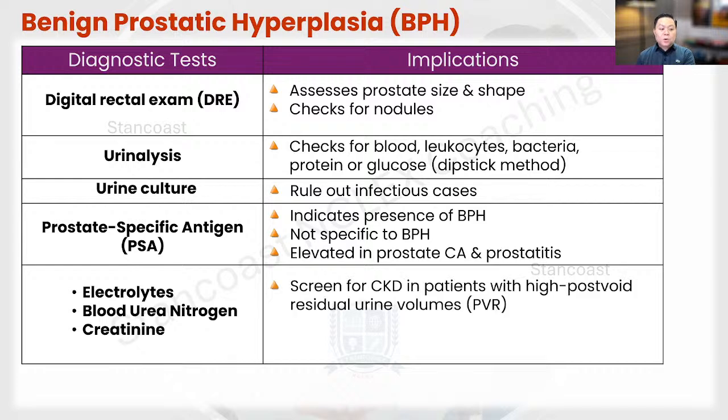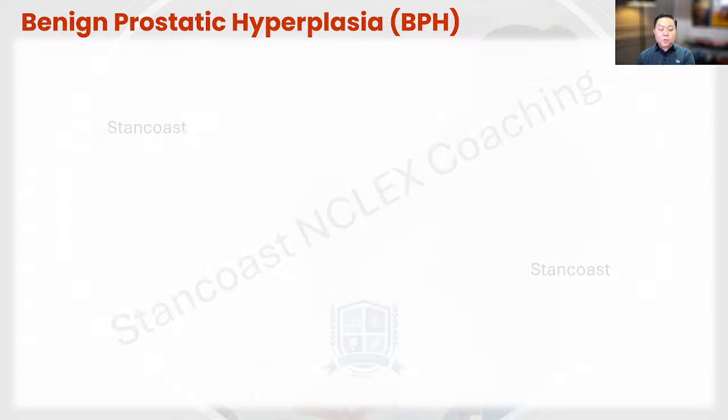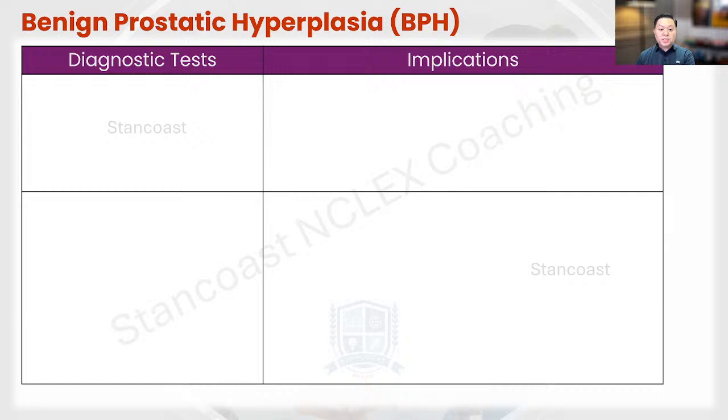Now, we are also going to talk about the ultrasonography, the regular abdominal ultrasound, and this is going to be ordered to determine the bladder size and also to assess the degree of the hydronephrosis for those patients that might have developed the backflow of the urine into the pelvis of the kidney, or at least the edema in the kidney.